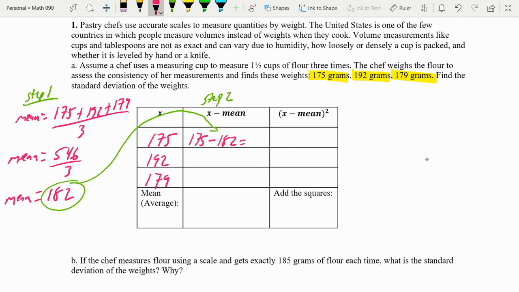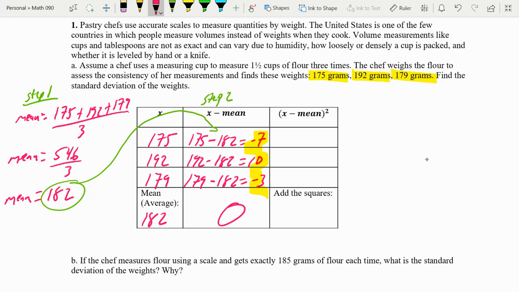This ends up giving me -7. 192 minus 182 equals 10. And again, if you look at these, they all kind of cancel each other out. Oh, I keep forgetting to write the average there. It's not that big a deal to me, but I forget.